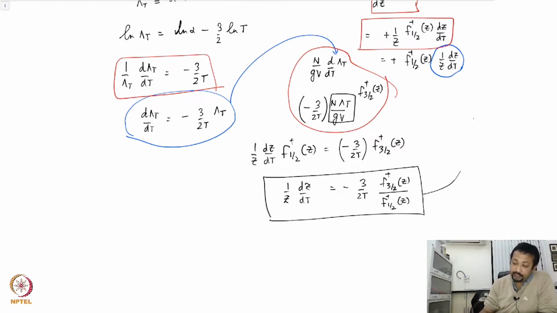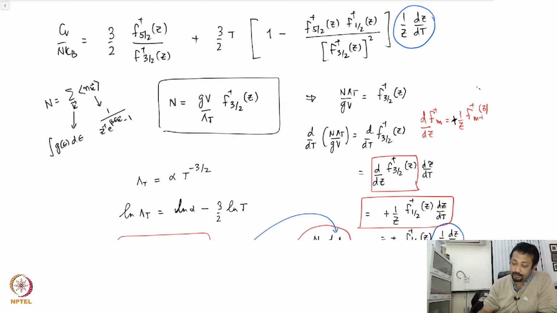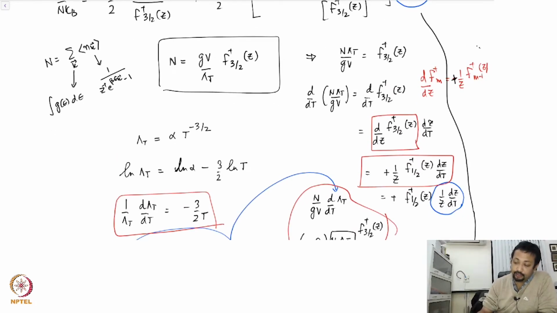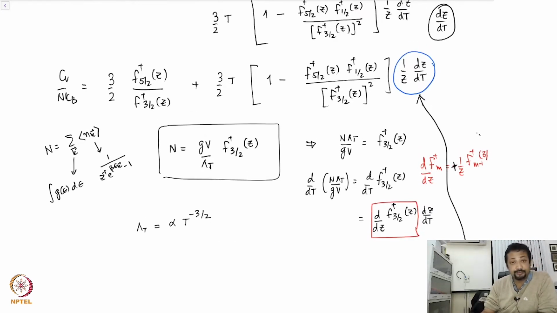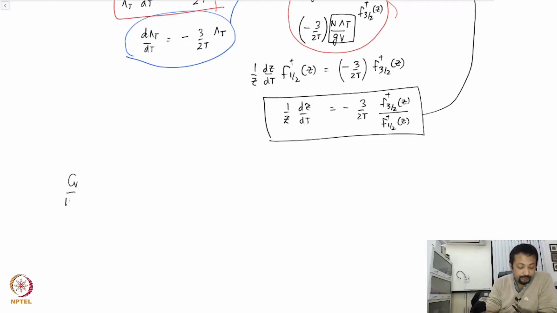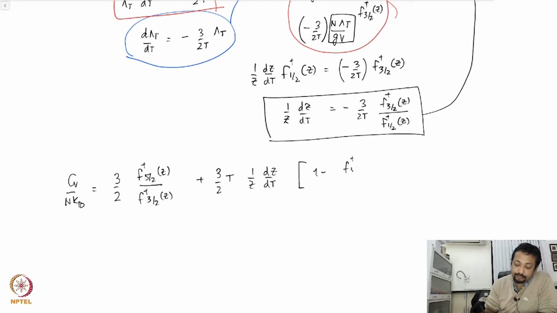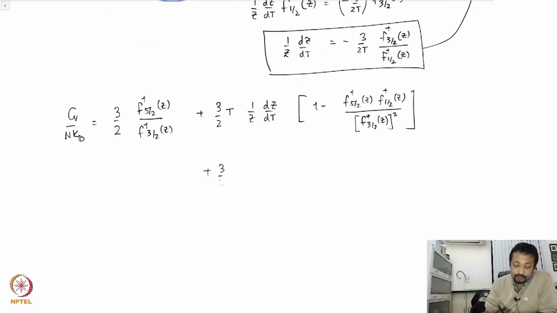And this result now I take from here and substitute it over here in the expression for my specific heat, so that I come up with Cv over nkb was 3 by 2 f plus 5 by 2 z over f plus 3 by 2 z plus 3 by 2t 1 by z dz dt times 1 minus f plus 5 by 2 z f plus half z over f plus 3 by 2 of z whole square, and this is going to be plus 3 by 2t.